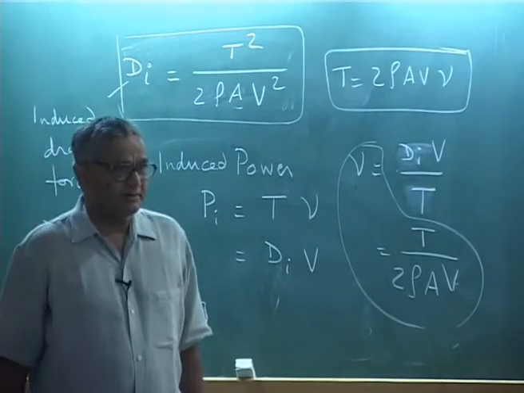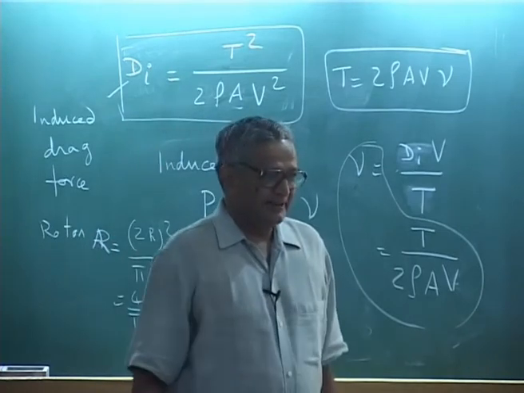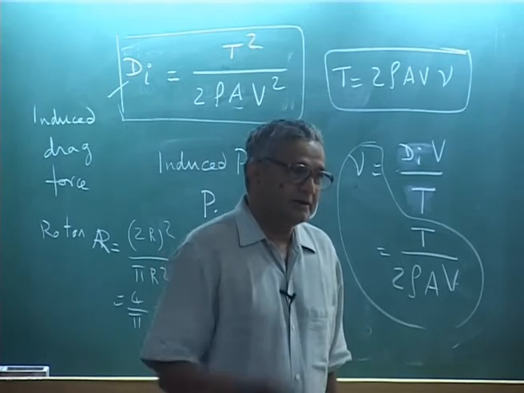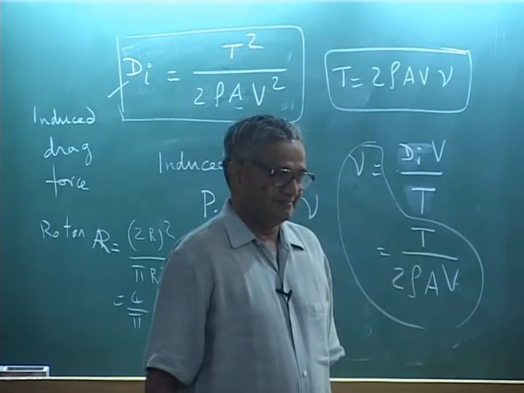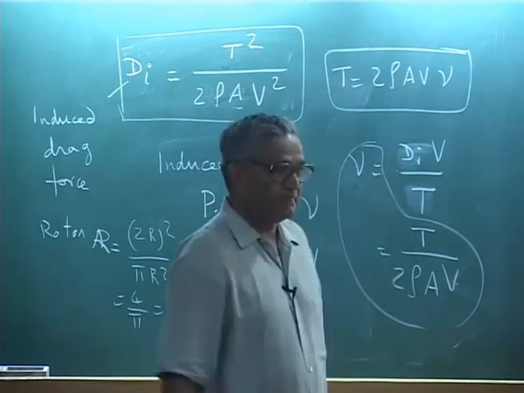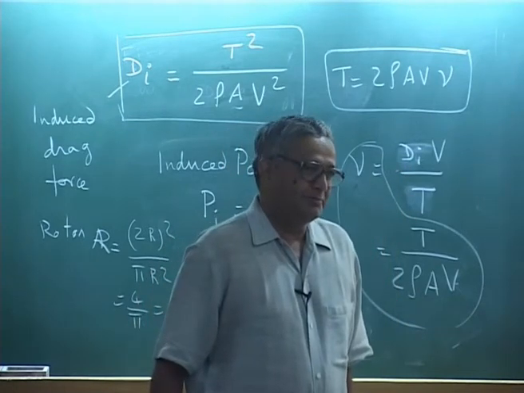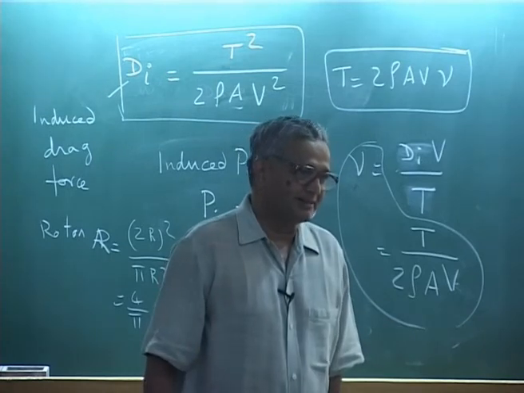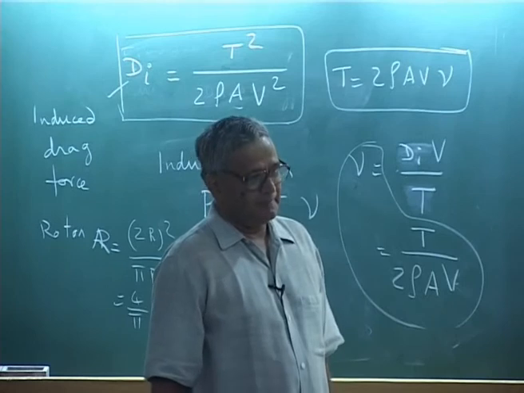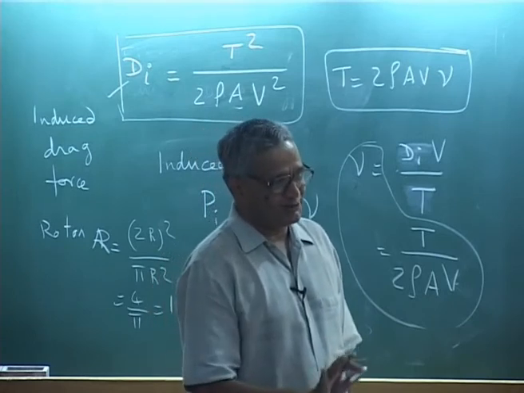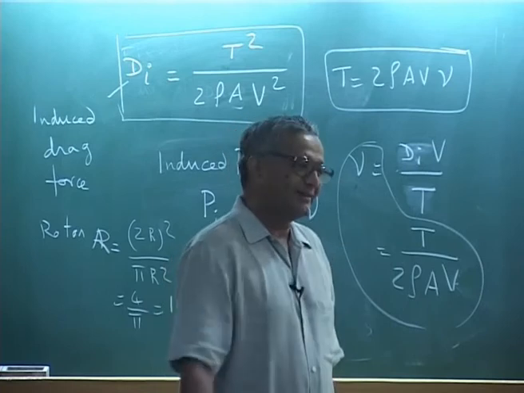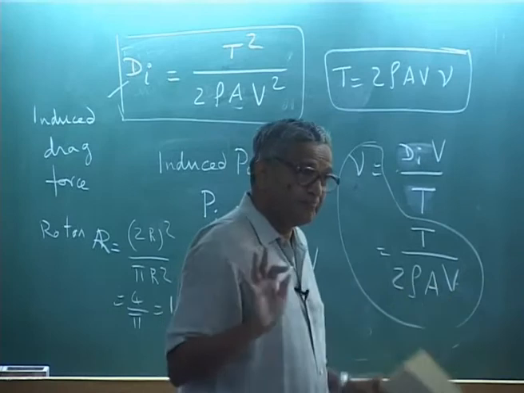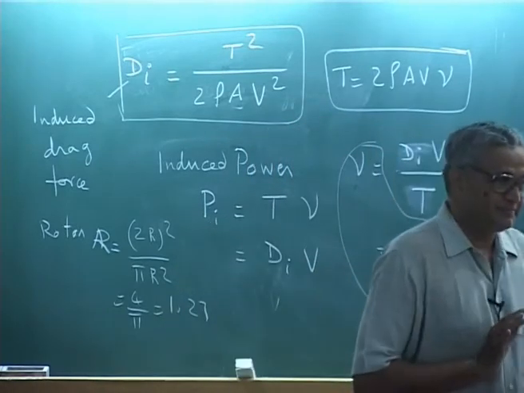This is the aspect ratio of a rotor. This is too small. That is why the inflow nu cannot be assumed to be uniform everywhere. There will be a lot of variation, because the aspect ratio is too small. So the inflow has to vary quite a bit. That is all this statement says.